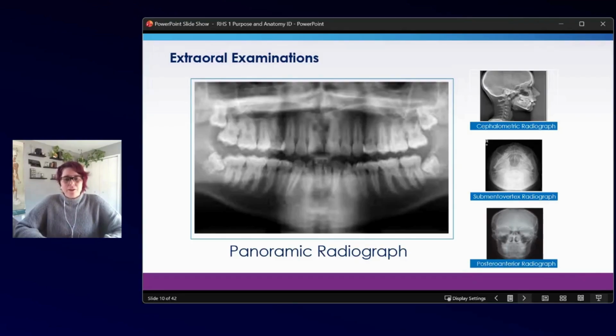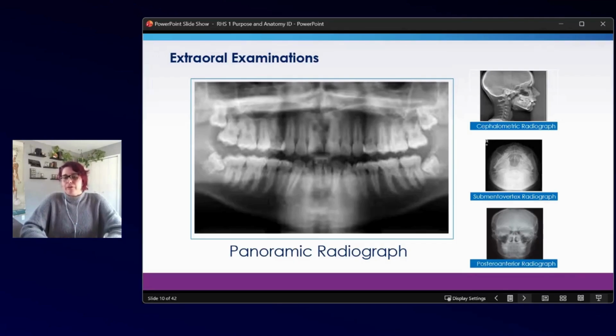A panoramic radiograph takes the full view of a person's maxilla and mandible and flattens it out, so we can look at it in a 2-dimensional picture. Because we have taken our 3-dimensional oral cavity and flattened it into a 2-dimensional picture, there is some distortion in what is going on in this picture.